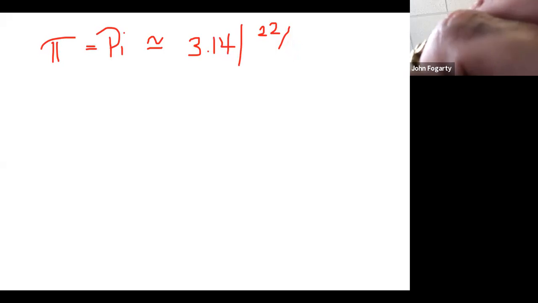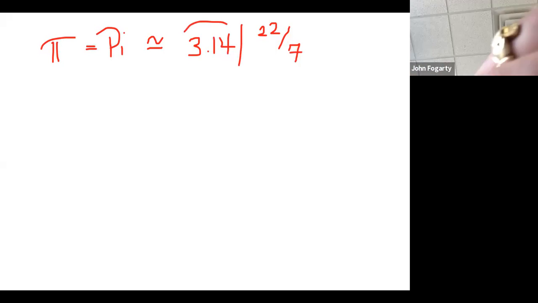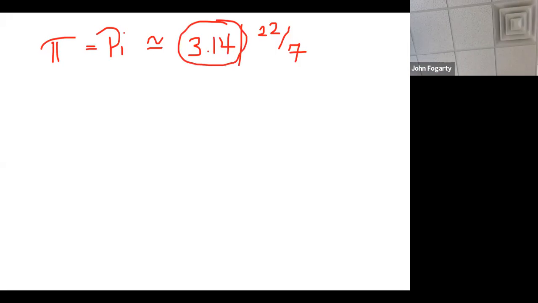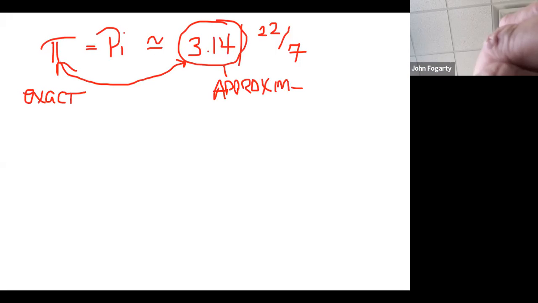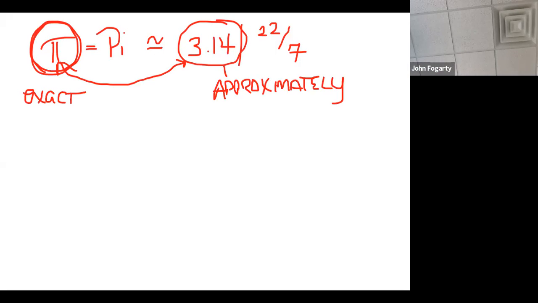But most of the time, we just use 3.14. Now, here's what you have to remember: the symbol pi is exact, and this is an approximation. So sometimes you're going to see, give me the exact. That means do not change that to that. Does everybody follow that?